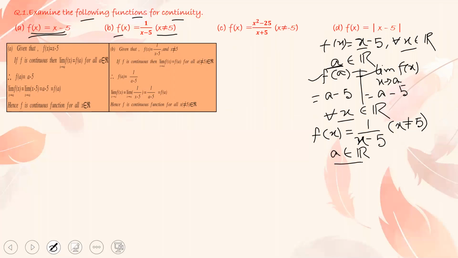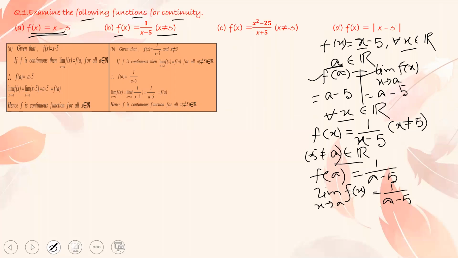For every point except this 5, we can say the function is continuous. Let's check how. The functional value at a is 1 upon a minus 5 and the limiting value, limit f(x) as x tends to a, is 1 upon a minus 5. Now you know how to find the limit. Since both the values are equal, we can say the function is continuous.